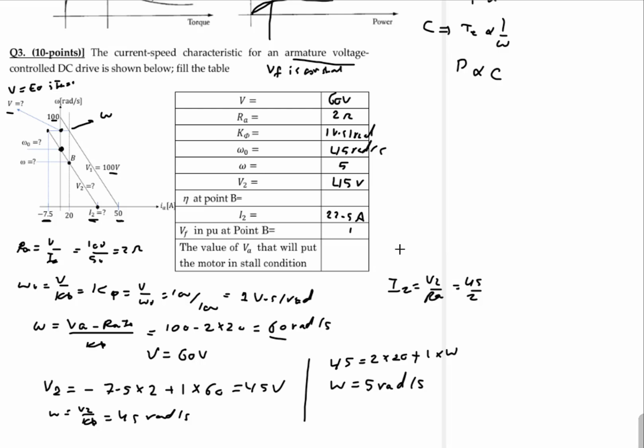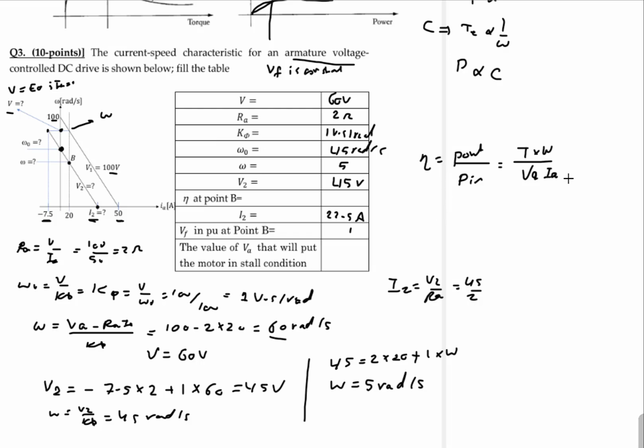If we need to calculate the efficiency, we know that the efficiency is equal to P out over P in. Now P out will equal the torque multiplied by the speed, and P in will equal Va multiplied by Ia.